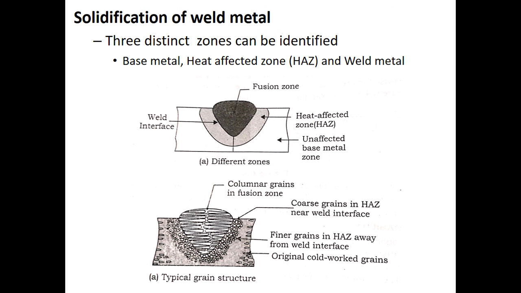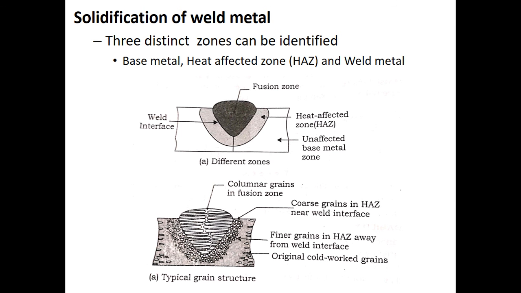And you know well that when microstructural changes happen to a particular region, the mechanical properties will change. So depending upon the temperature up to which it is heated and cooled, the properties change. So this heat affected zone plays a very important role.